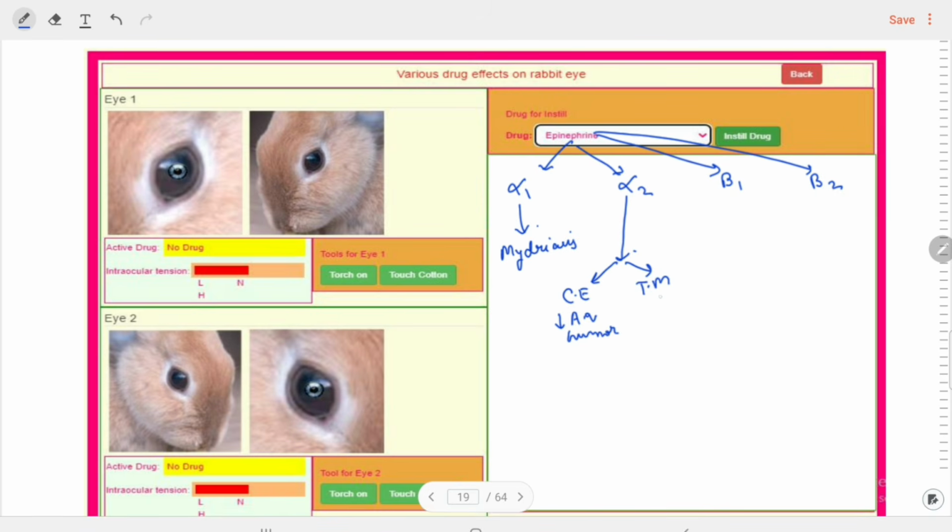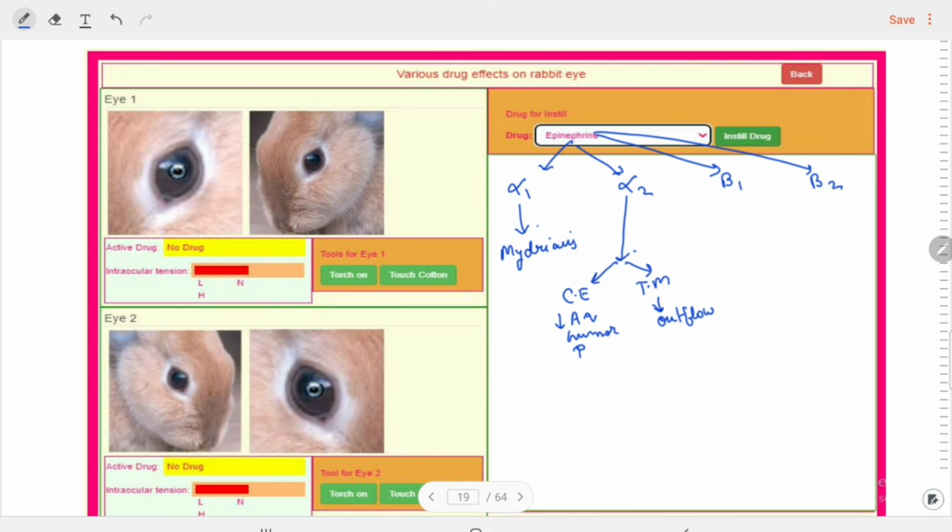From the trabecular meshwork, it will lead to a decrease in the outflow also, because of the decrease in the calcium ion, that will lead to the decrease in the outflow of the aqueous humor.